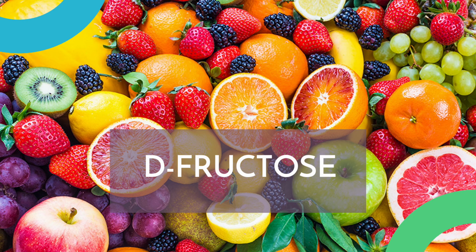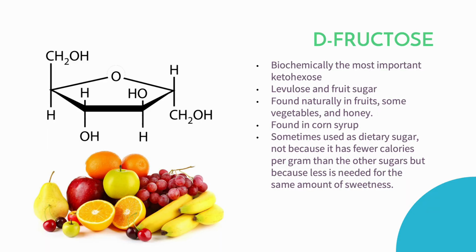Next would be D-fructose. D-fructose is a basic component of table sugar, and biochemically it is the most important ketohexose. It is also known as levulose and fruit sugar, which is found naturally in fruits, some vegetables, and honey.